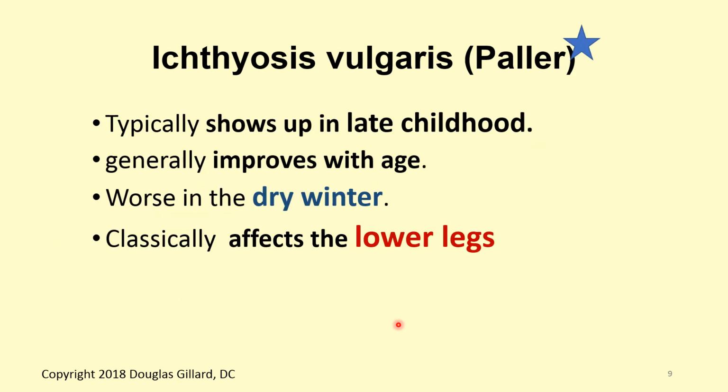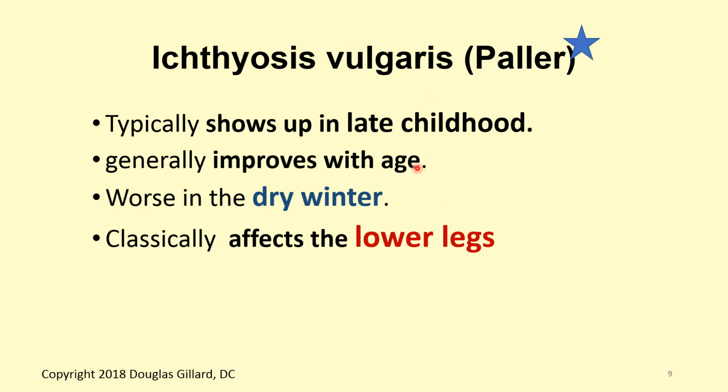It typically shows up in late childhood, with super dry skin that looks like fish scales, as we'll see in a minute. It tends to get better with age, so kids can grow out of it. It's worse in dry heat, like when you turn your heater on in the winter and it dries out the air. That worsens not only ichthyosis vulgaris but all types of dry skin, which is called xerosis. I shouldn't really call it a disease, it's so common, almost all elderly people have it.